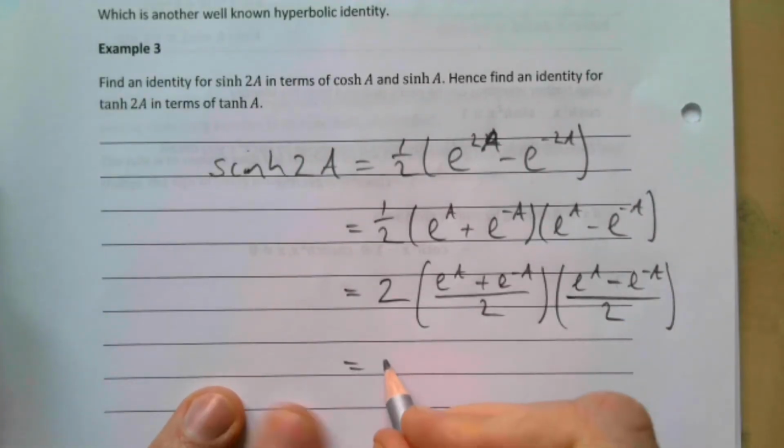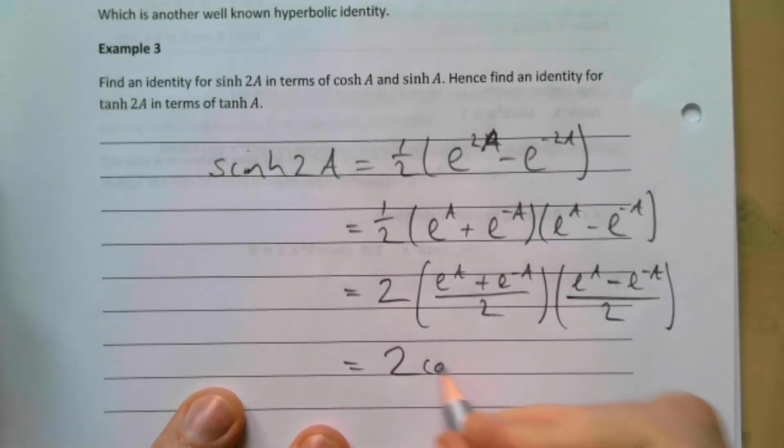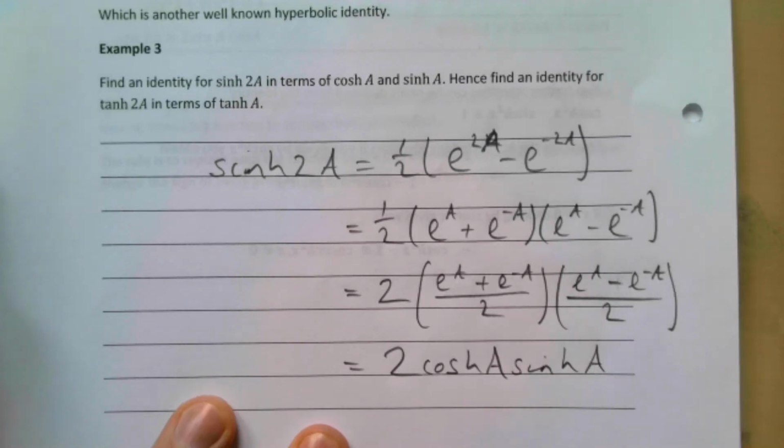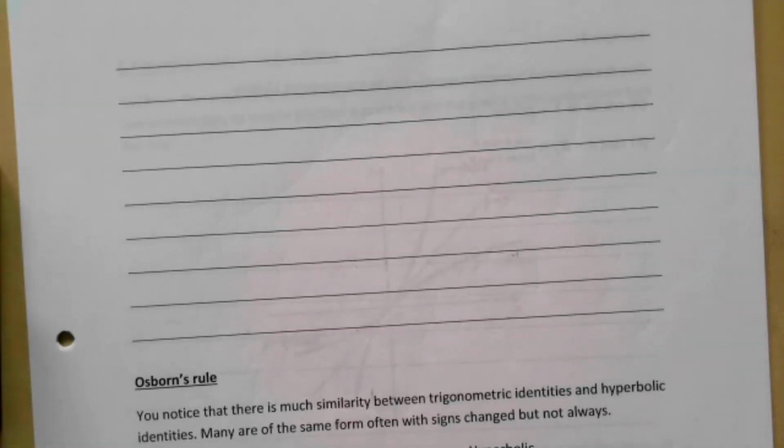We can see that gives us 2 cosh a sinh a.